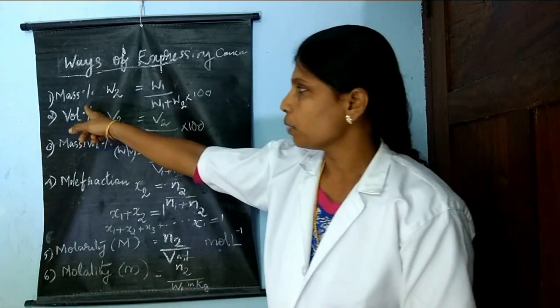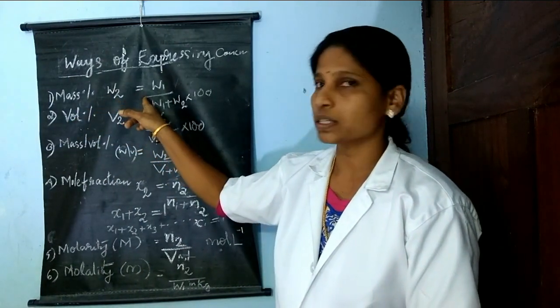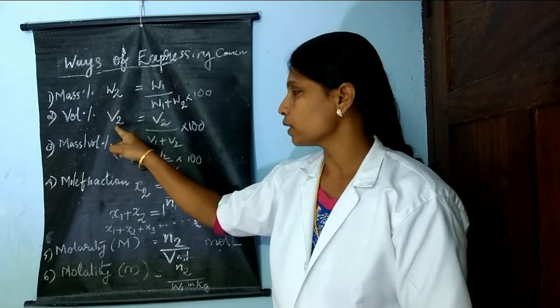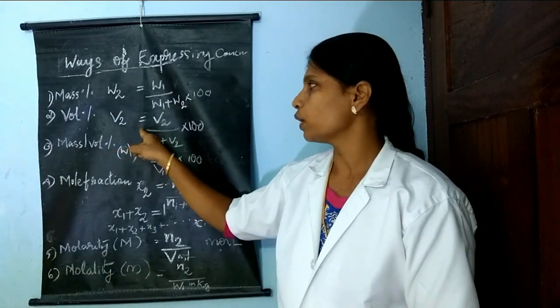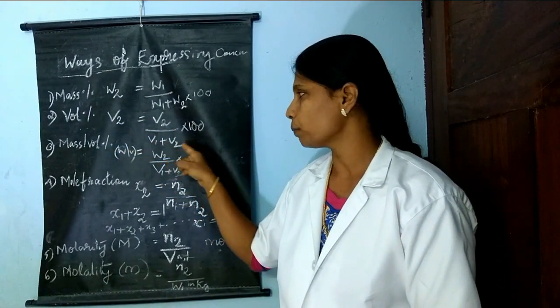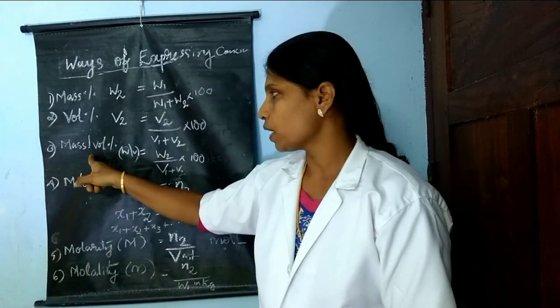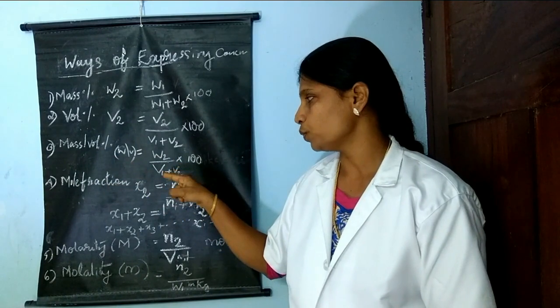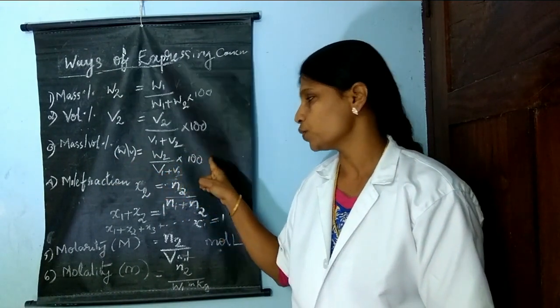Okay. Here, mass percentage of solute is W2 by W1 plus W2 into 100. Volume percentage of solute is equal to V2 by V1 plus V2 into 100. Mass by volume percentage W by V is equal to W2 by V1 plus V2 into 100.